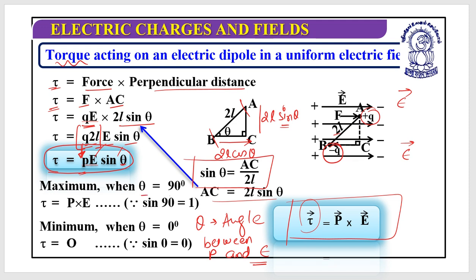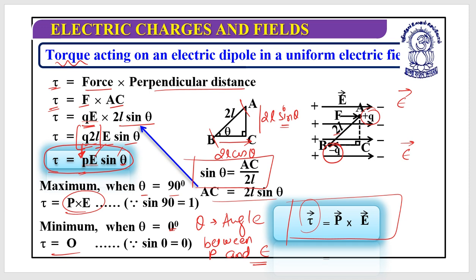When theta equals 90 degrees, sin 90 equals 1, so torque equals pE. It is the maximum. And when theta equals 0 degrees, torque equals 0. This is the minimum value of the torque. Got it? Yes. So this is the torque acting on a dipole when it is placed in a uniform electric field.